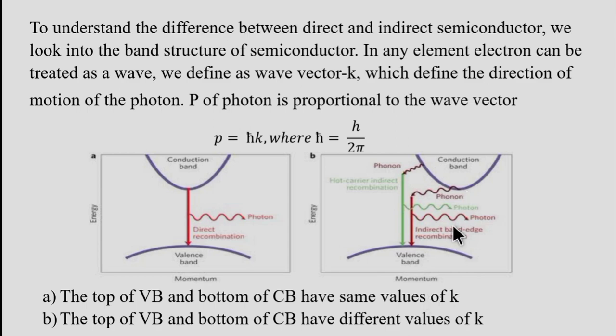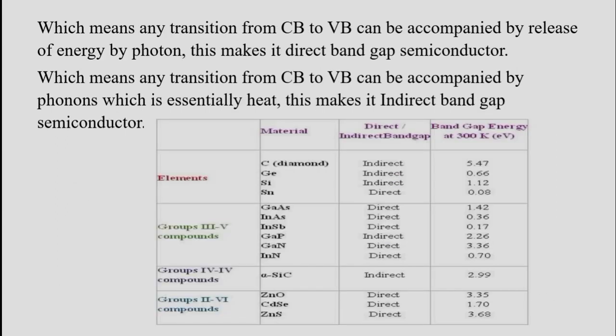In order to conserve it, a phonon is also released in addition to the photon. Which means the transition from the conduction band to the valence band is accompanied by the release of the energy of a photon in the case of direct band gap semiconductor material. In indirect band gap semiconductor material, a phonon is released in the form of heat. This makes it an indirect band gap semiconductor.